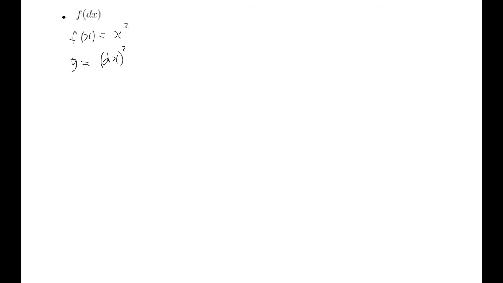Now, in order to solve this, we're going to look at specific values. So I want f of x to equal 36. For that to be true, I need x to equal 6.